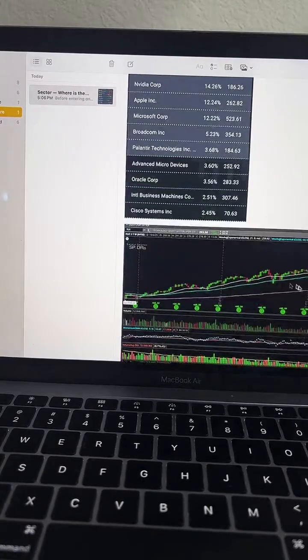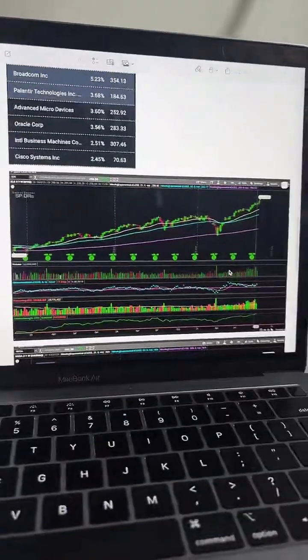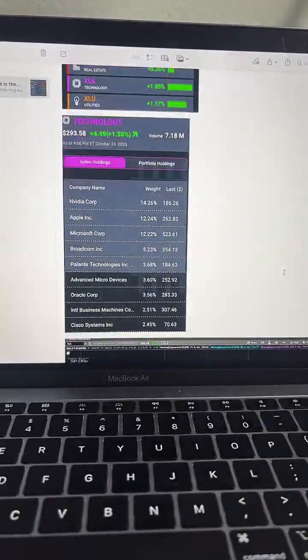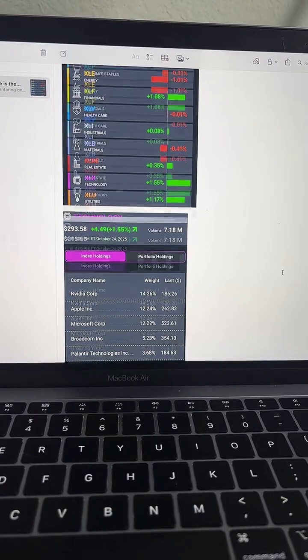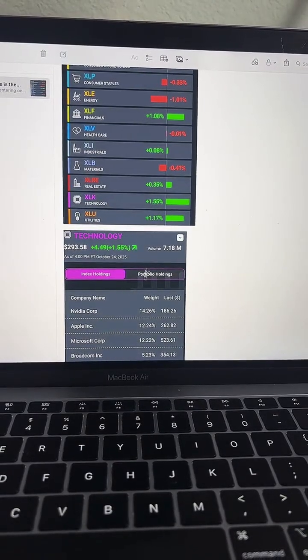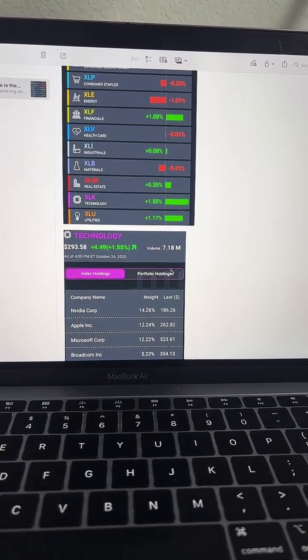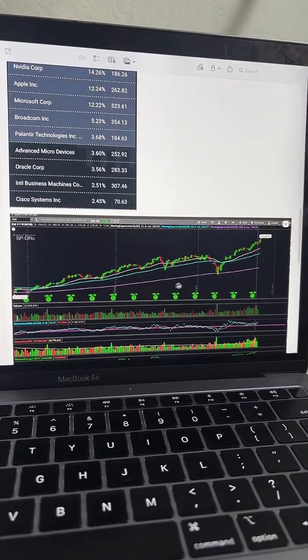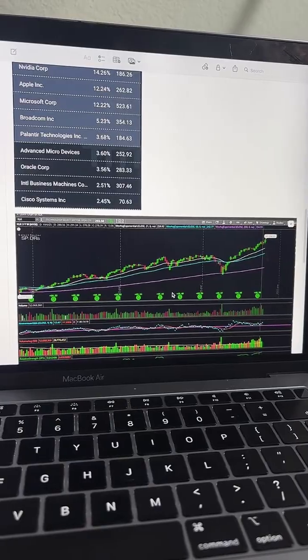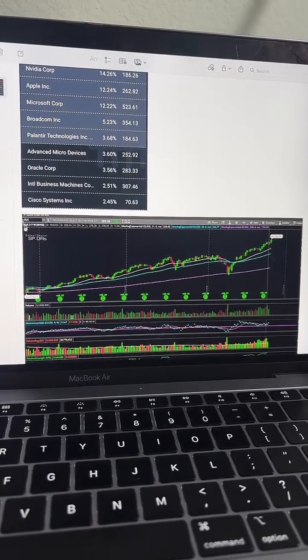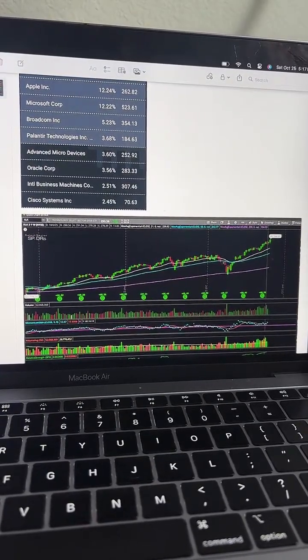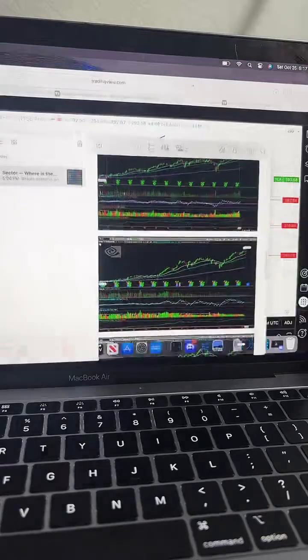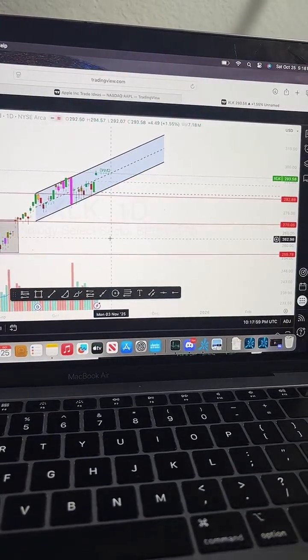When I went over it, we were looking on the weekly chart. Oh, I'm sorry, I don't know if you've seen that because the camera's angled so badly. Tech did the best, and I was on the weekly chart when I went over the sectors. Now I'm going over structure, and we move down to the daily chart.